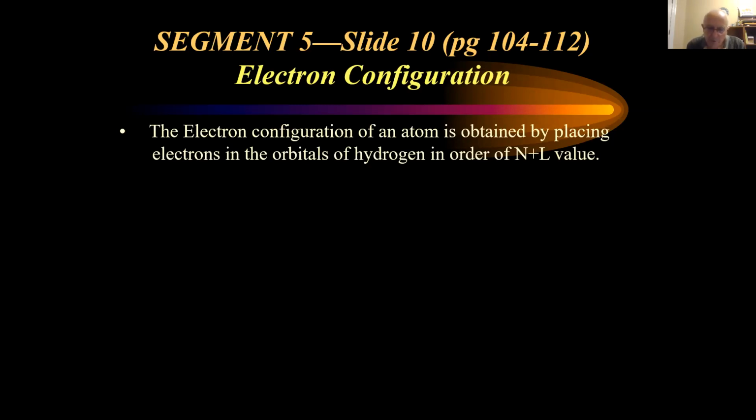Now, you might say, well, why don't we just use the Schrodinger equation and solve that equation for a large number of electrons in atoms? Well, we can solve hydrogen absolutely perfectly.